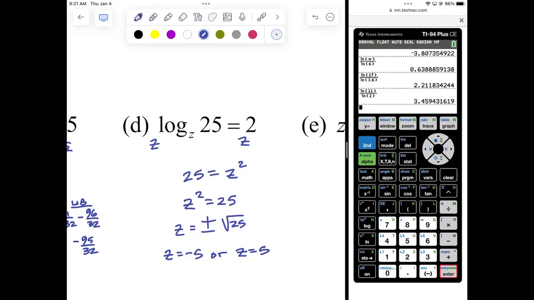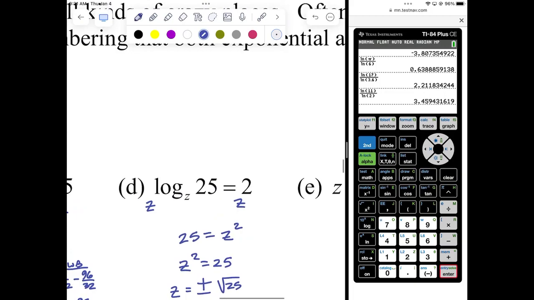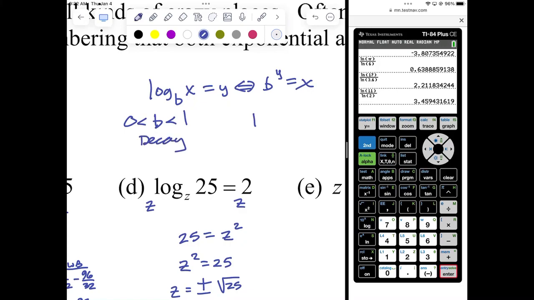Do you remember when we had exponentials, what the legal bases were? If you have log base b of x equals y, your bases have to be a certain type, because this is the same thing as b to the y equals x. Your base has to either be between 0 and 1, in which case it's decay, or your base has to be greater than 1, in which case it's growth.